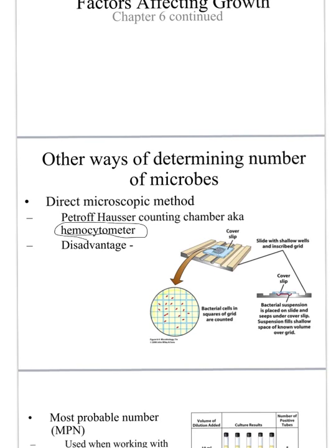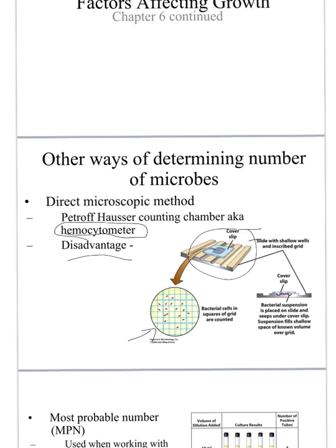We used to teach you how to do that in anatomy, but I don't think you do anymore. So it's just a specialized slide. It's calibrated and it has a grid on it, and you can count how many cells are in the grid, and then there is a calculation that you can do to figure out how many are in your original broth. So it's not hard, it's just a little tedious.